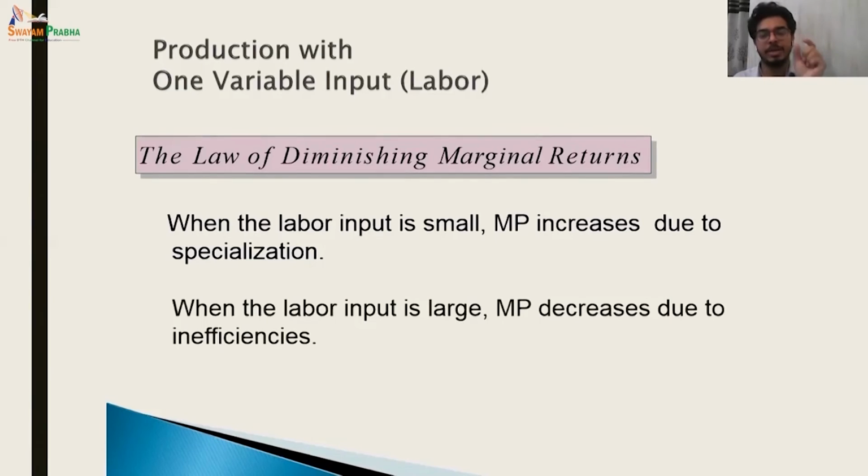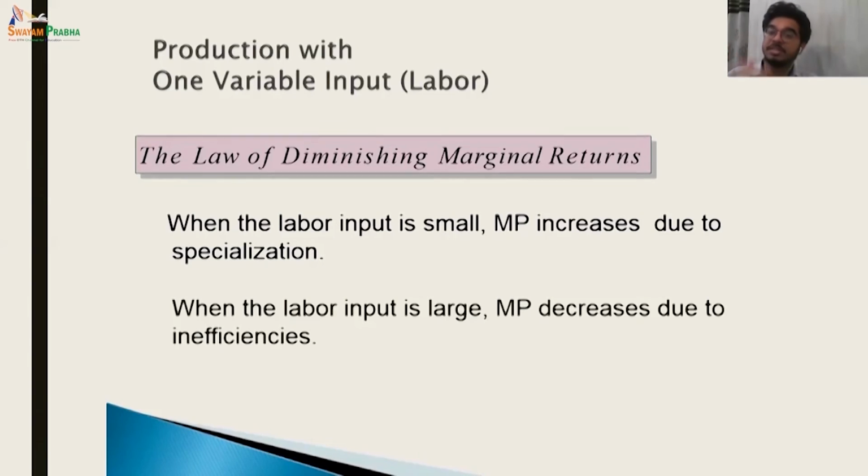So initially, when I have a very small amount of a particular input, its contribution is large, and it increases. So when the labor input is small, marginal product increases due to specialization.